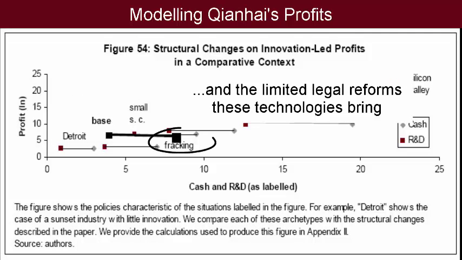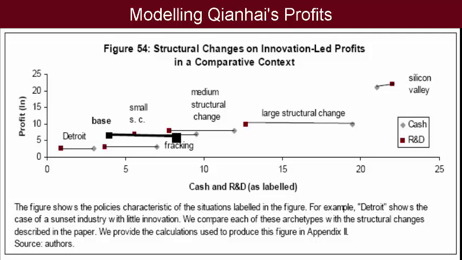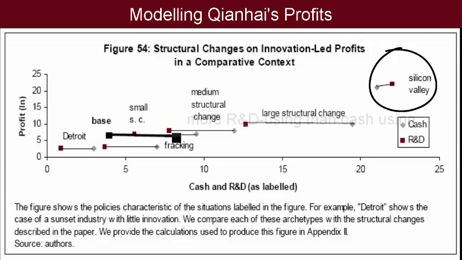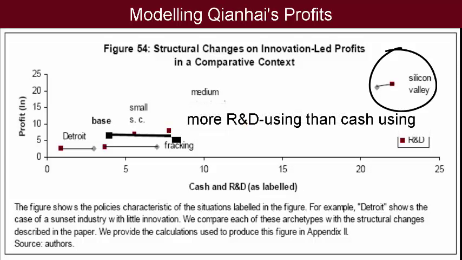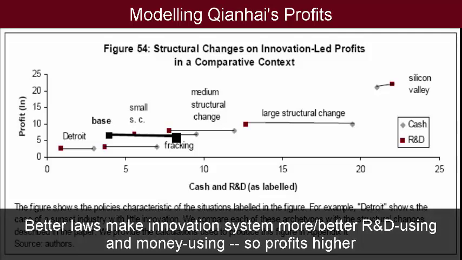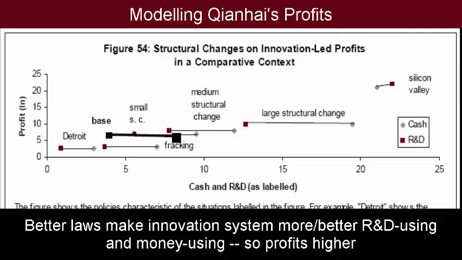We look at the effect on profits from R&D spending when an innovation system engages in medium structural change and large structural change, as we've shown previously in our model. And we show a contrast with Silicon Valley and the way that its R&D spending and investment translates superlatively into profits. These data show that structural reform causes larger impacts on profits than just giving resources. And we see that the situation in Qianhai would probably be no different.